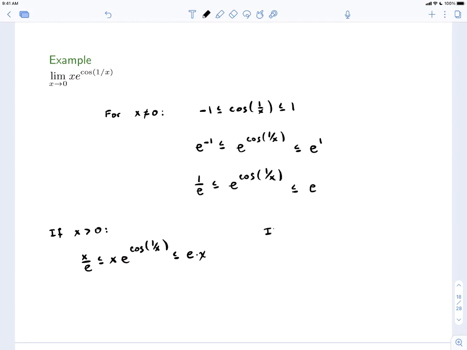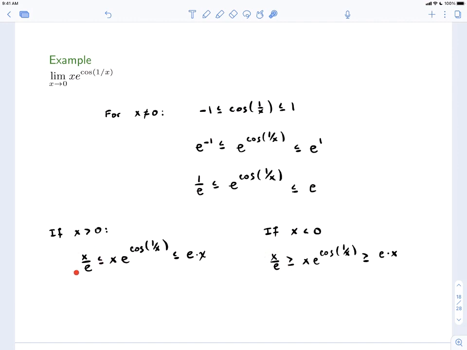On the other hand, if x is less than 0, that means you have to change the direction of your inequalities because x is a negative number. So you'll have x over e is greater than or equal to x times e to the cosine 1 over x greater than or equal to e times x. Well, either way you look at it, x times e to the cosine 1 over x is between x over e and e times x.